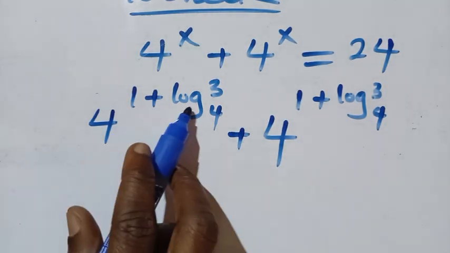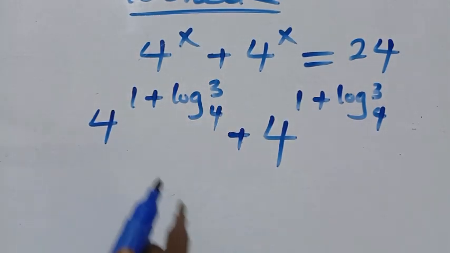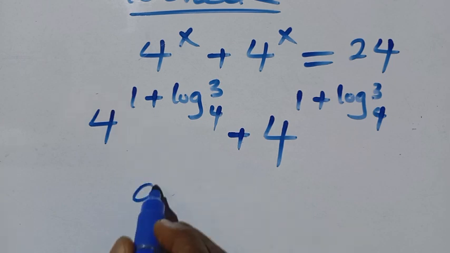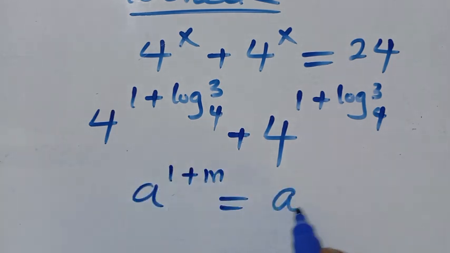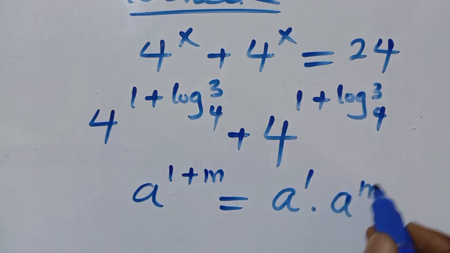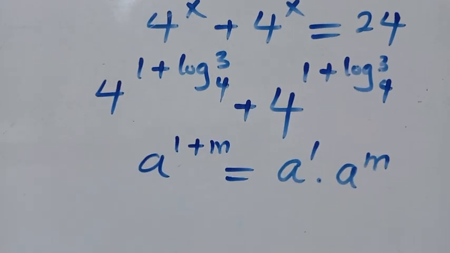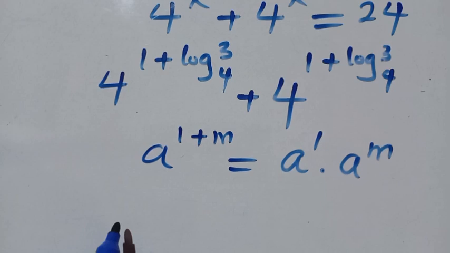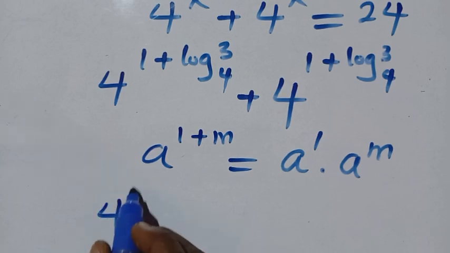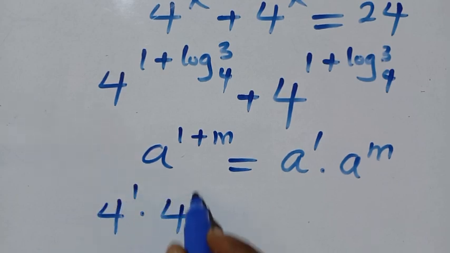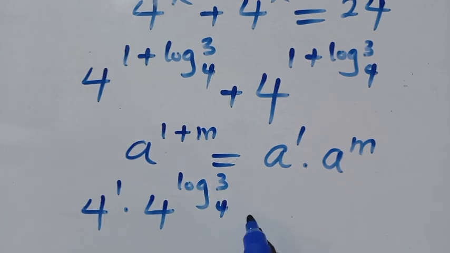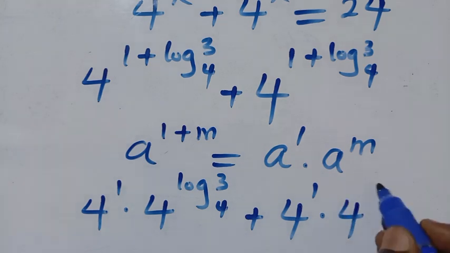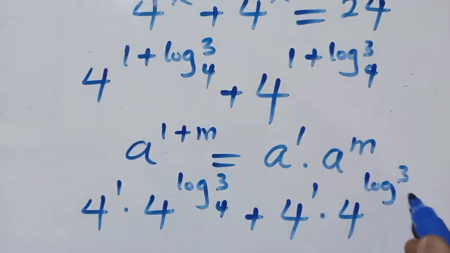By the rule of exponent, let's say we have a raised to the power of 1 plus m. This equals a raised to the power 1 multiplied by a raised to the power m. Applying this, we have 4 to the power of 1 multiplied by 4 to the power of log 3 base 4, plus 4 to the power 1 multiplied by 4 to the power log 3 base 4.